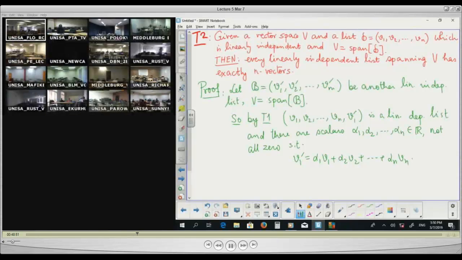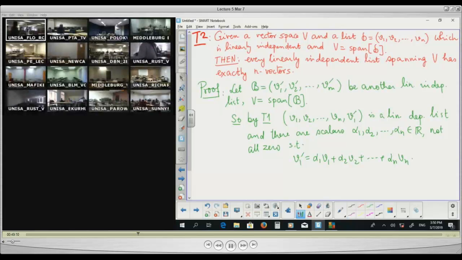So therefore, using T1, this new list that I have taken, which is V1, V2, Vn with V1 prime added at the end, is a linearly dependent list, right?